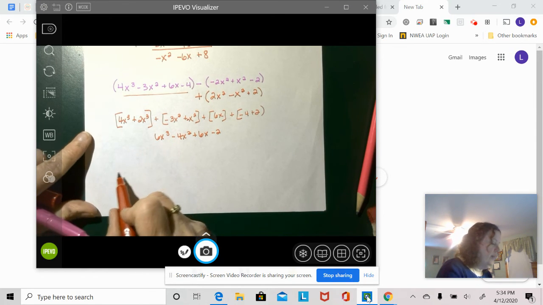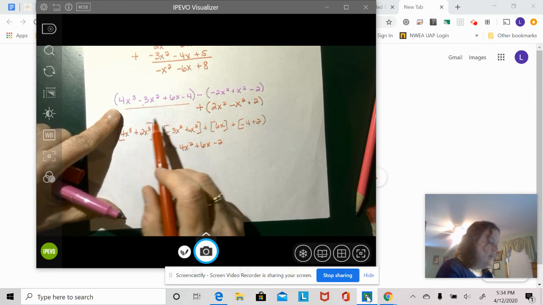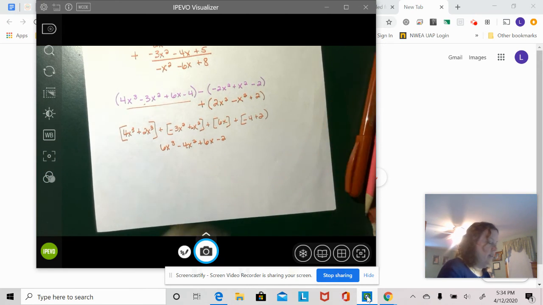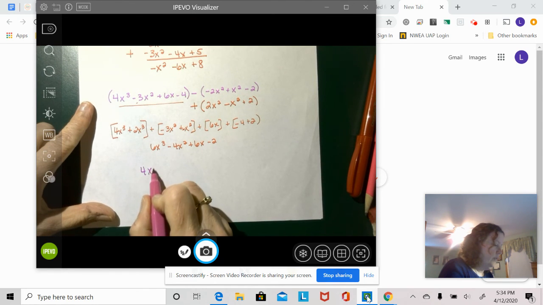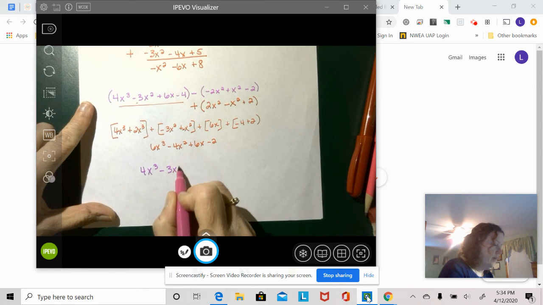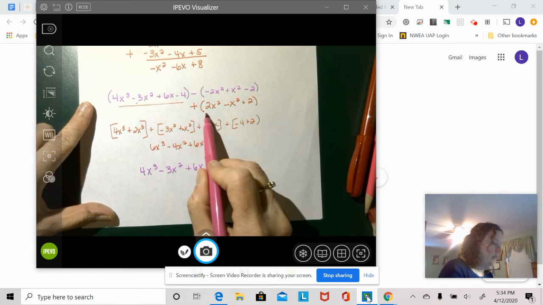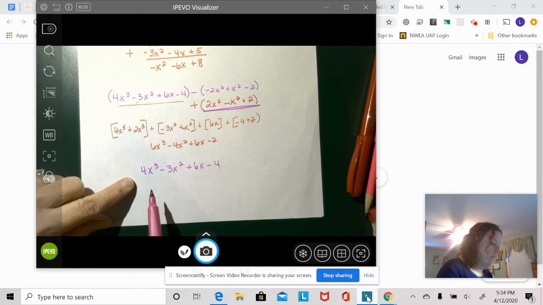For those of you who liked it vertically, we want to go all the way back to the beginning here and take this one. So let's put this one down for a second. 4x cubed minus 3x squared plus 6x minus 4. And then we're going to take this right here.